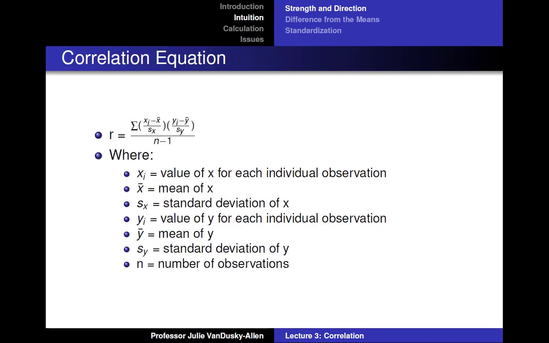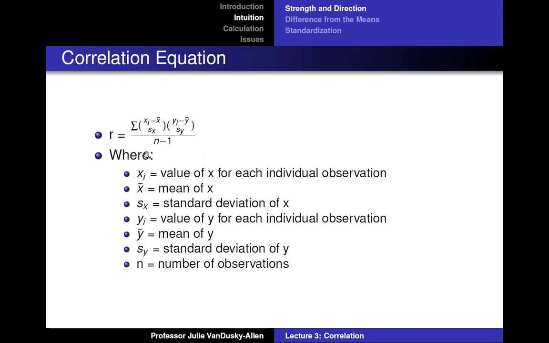This is how you calculate a correlation coefficient. The numerator is the sum of the product of each individual x observation minus the mean of x, divided by the standard deviation of x, and each individual y observation minus the mean of y, divided by the standard deviation of y.